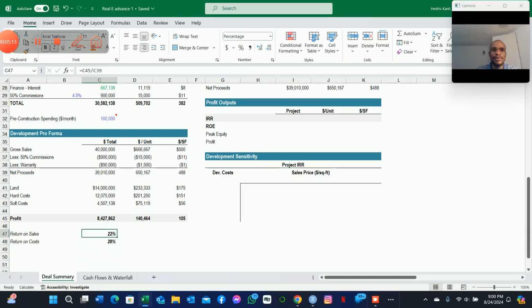So as you can see, the return on sales is approximately 22%, but the returns on cost is 28%. So this project is very profitable.